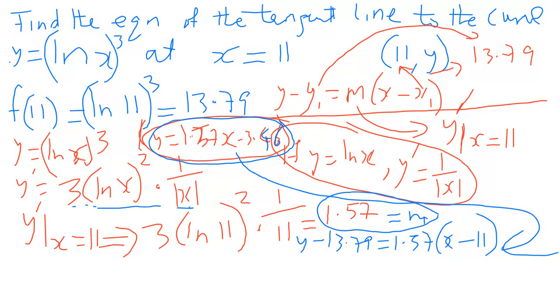So I evaluated at 11, and after I did, I have that the slope of the tangent line is 1.57. Now I'll substitute in the point slope formula. I already have x and y, and then this is the slope, which is the derivative. If I simplify this equation, I will have the equation of the tangent line to that curve.